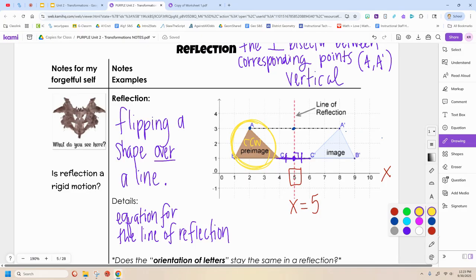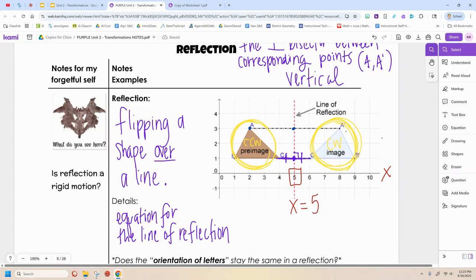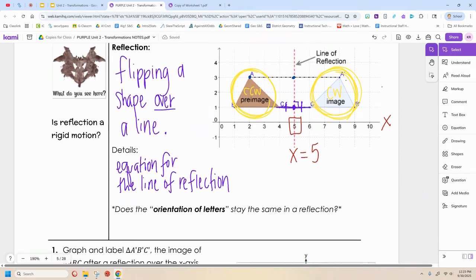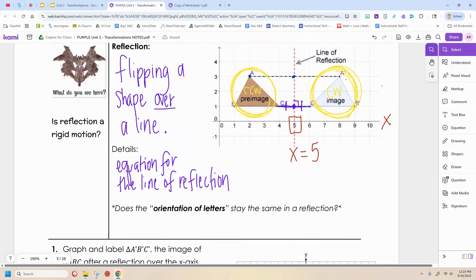Counterclockwise, right? But when I go around the reflection, A, B, C, now what direction am I going? Clockwise. So when we reflect, you change your direction. Does the orientation of letters stay the same in a reflection? No.